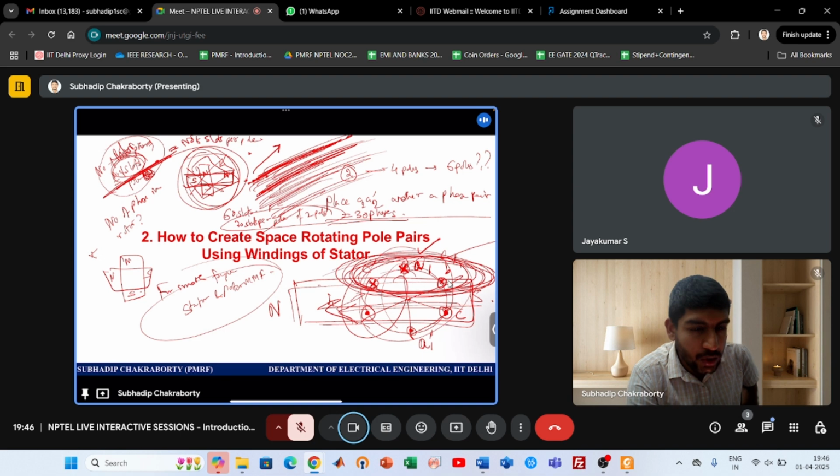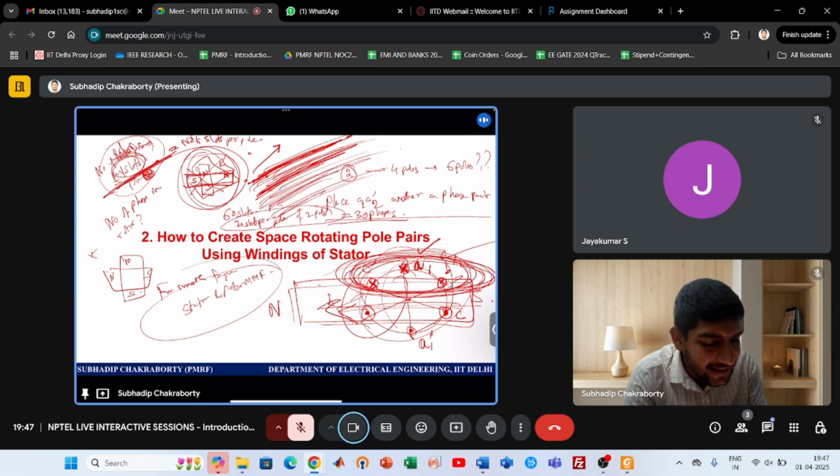Now if there are 60 slots in the rotor body, per pole how many slots are you getting? 30. 30 slots are contributing to the N pole, 30 slots are contributing to the S pole, just like how the stator did. Similarly, the rotor will also create 2 poles. Now under 1 pole, how many slots are coming? That much will be the number of phases.